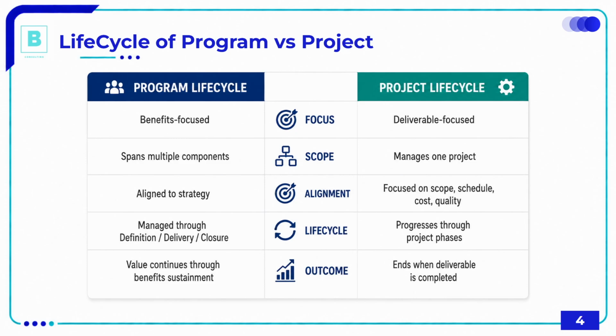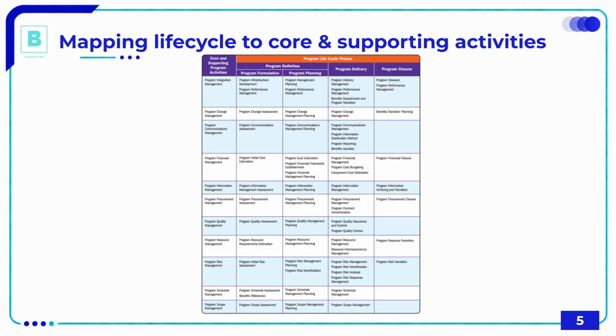The project lifecycle focuses on people, scope, schedule, and quality. The program lifecycle has 3 phases; the project lifecycle usually has 5 phases. The program lifecycle delivers value continuously through benefit sustainment, while the project lifecycle ends when the deliverable is complete, even though the deliverables should provide value.